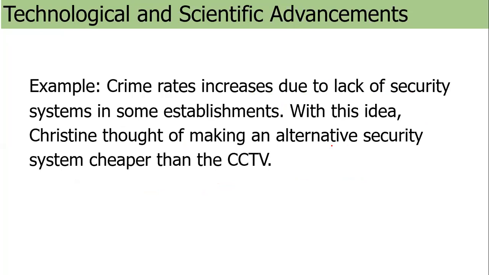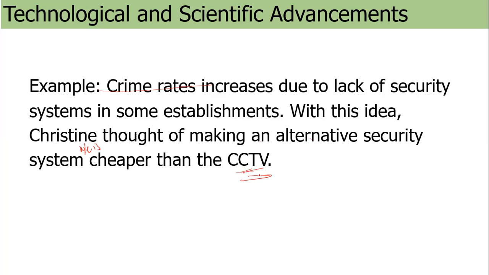Next, number 3, technological and scientific advancement. Example, crime rates increases due to lack of security systems in some establishments. So common din siyang crime rate. With this idea, Christine thought of making an alternative security system which is cheaper than CCTV.